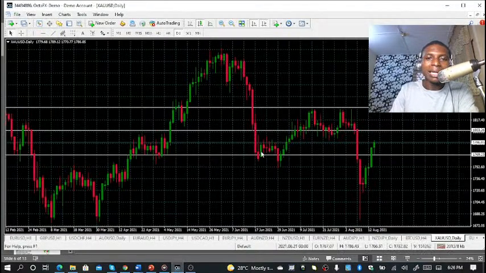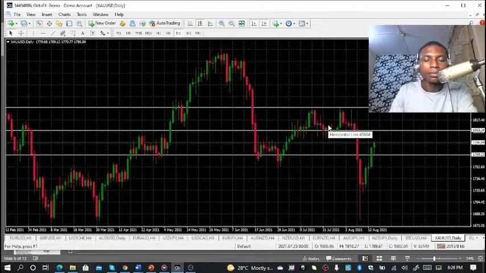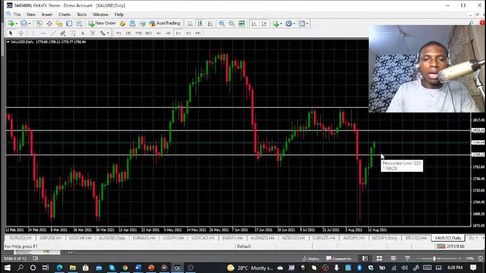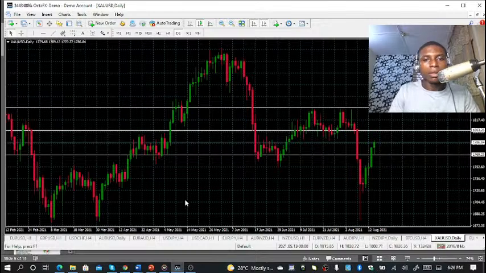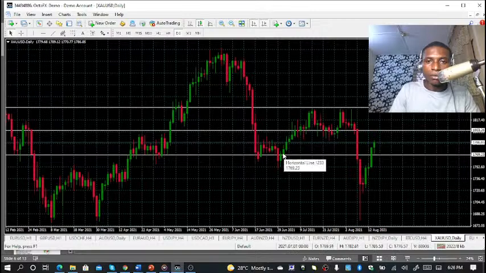Now, you look at this chart here. I took a trade at this level. You are looking at this level here. This is a level, right? This is another level, right?